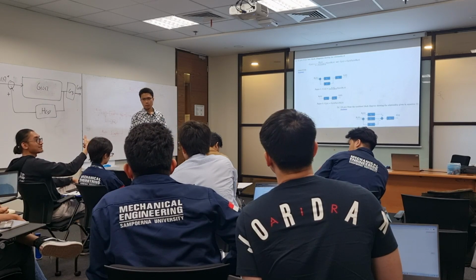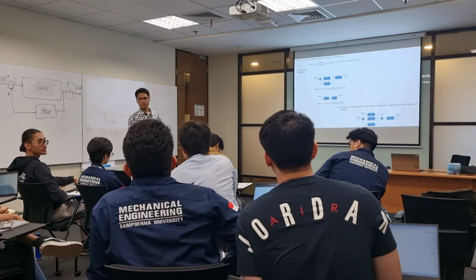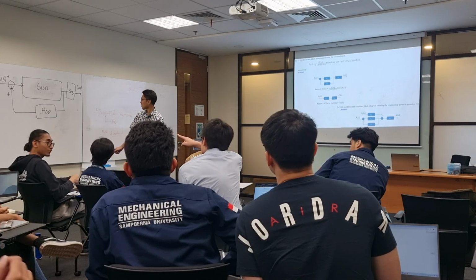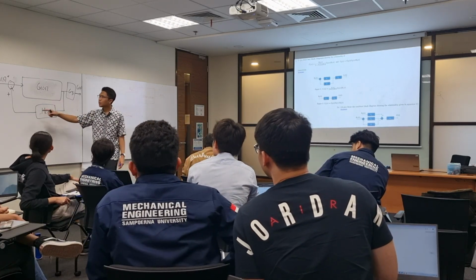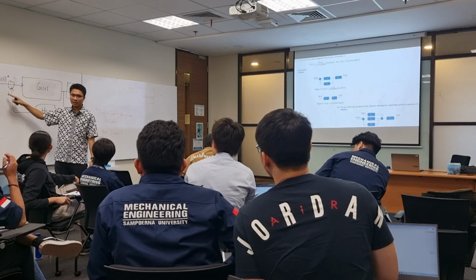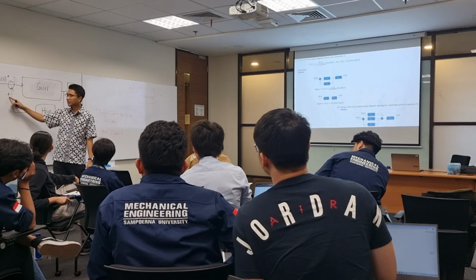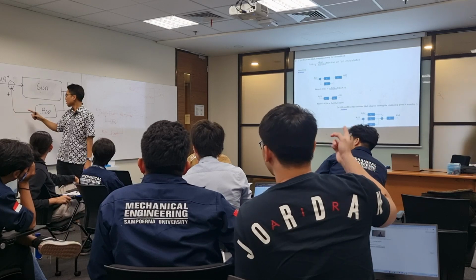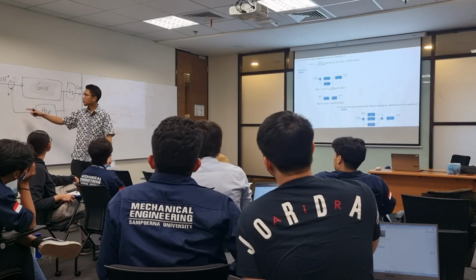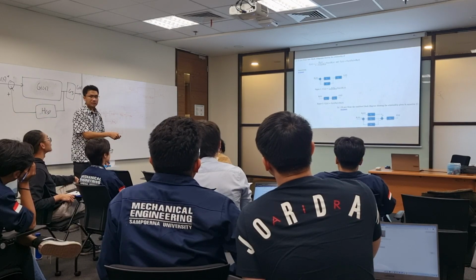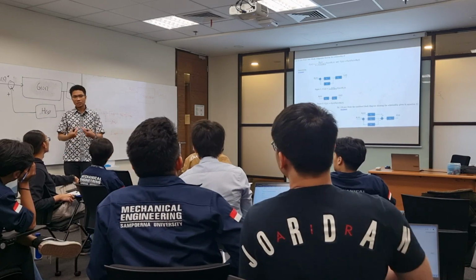If it's negative, that means the opposite. Do you know what happens if we put minus here? If we put minus, over there becomes plus. If we put plus, over there becomes minus. The system becomes unstable.